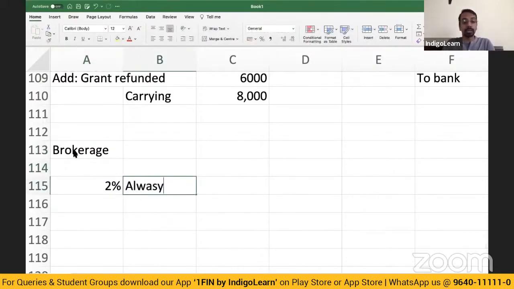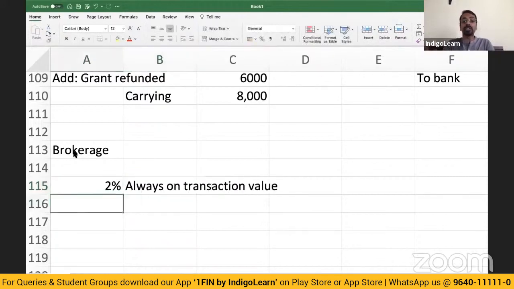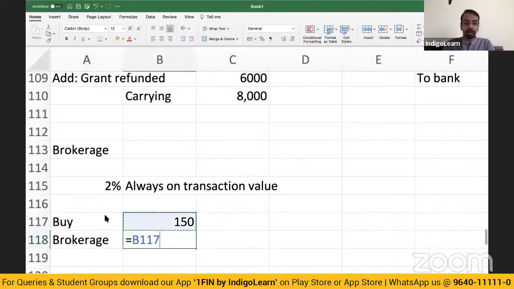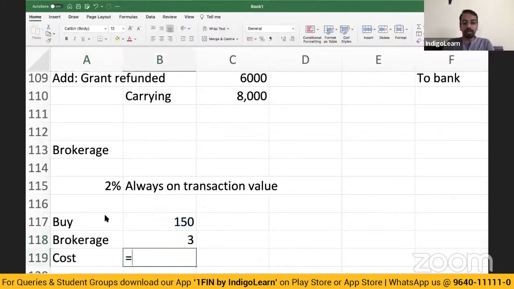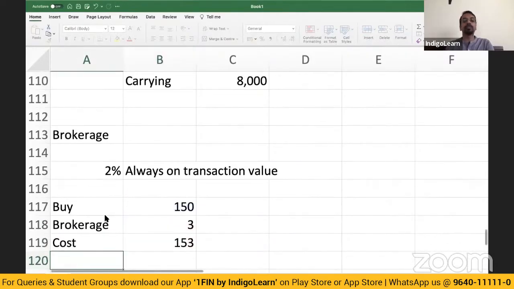This is always on transaction value, not on face value or par value. You will receive dividend on face value. The brokerage is always paid on transaction value. So if you buy something at, let us say 150, brokerage will be 150 multiplied by 2%, which is 3. So your cost will be 150 plus 3, 153.